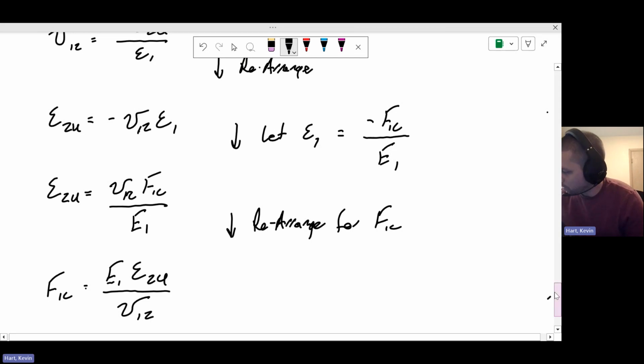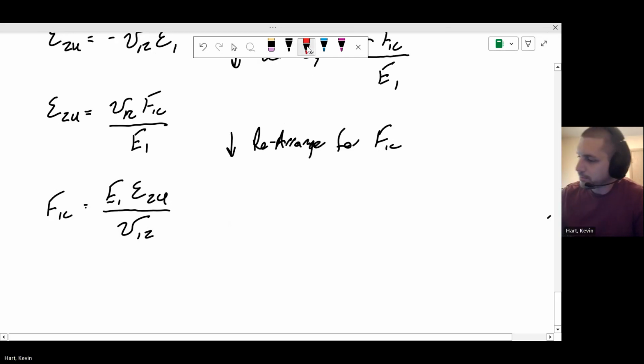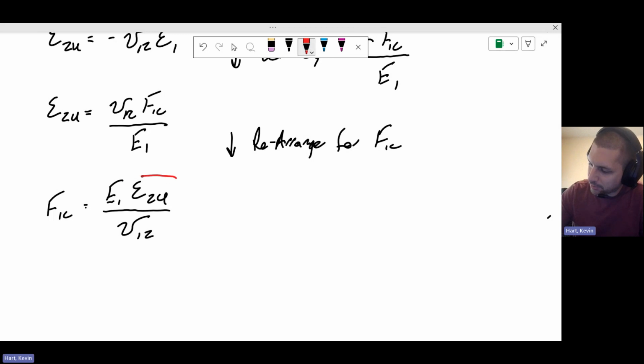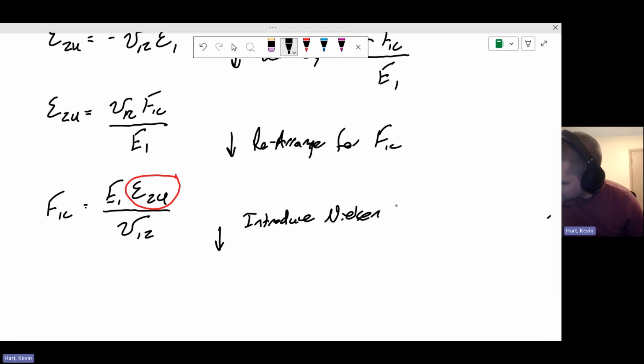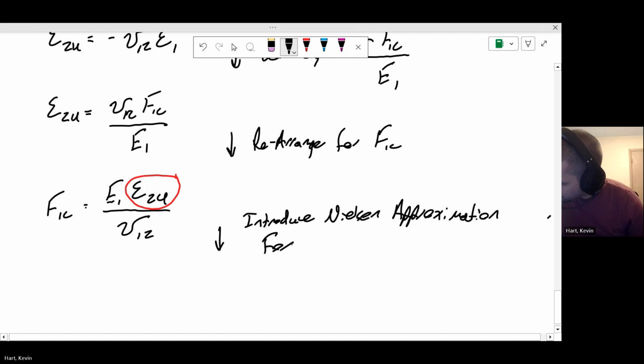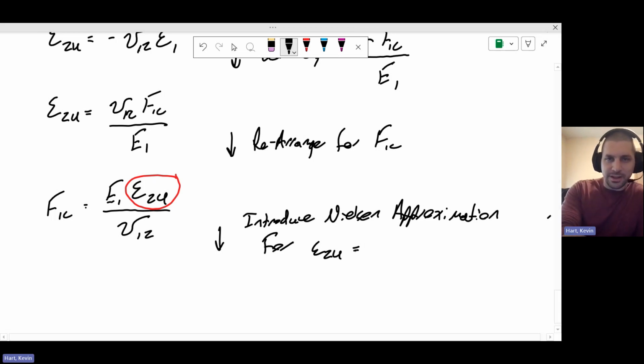We're going to introduce a new method for the strain to failure in the two direction, and this is called the Nielsen approximation. So introduce the Nielsen approximation for epsilon 2 ultimate, which I do have in the notes, but this is an approximation based on stress concentration, strain concentration theory.